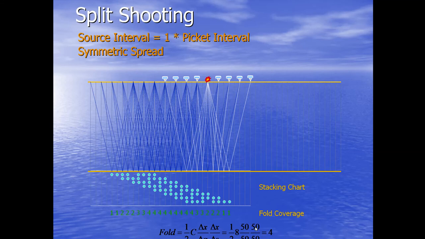Again delta x is 50, our geophone or source receiver interval is 50, and the source interval is also 50. So we can see the maximum fold recorded is 4. How many times a CDP is hit by a point is called the fold.